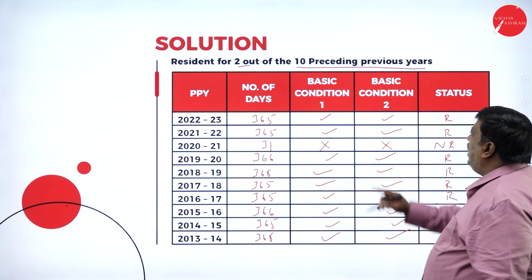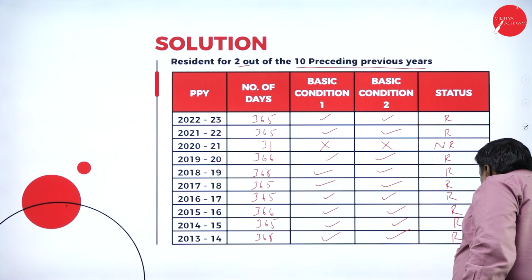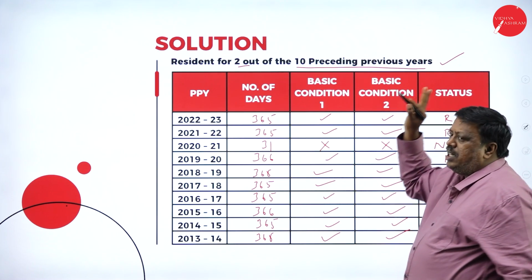So now, what is the condition? I should be a resident for 2 years out of 10 years, but I'm a resident for 9 years. So I've satisfied my second additional condition also.